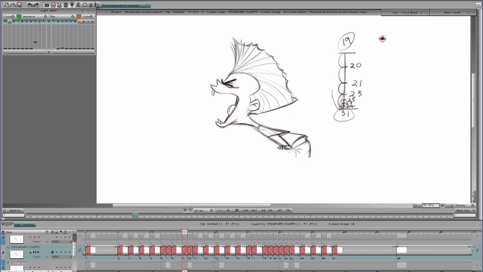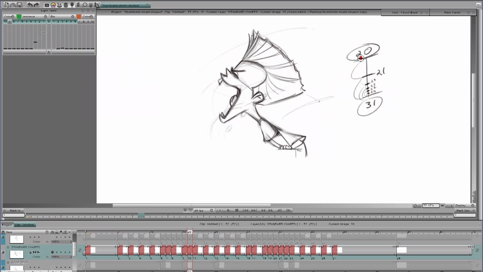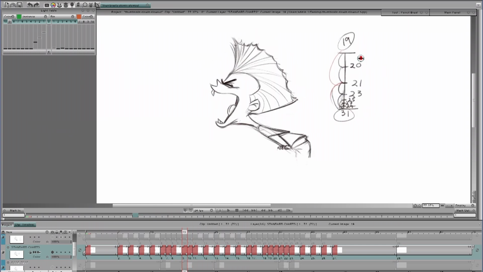So then what I did here, I should have put this in here, from there to there. 21 is directly in the middle, and then 20 is a consistent movement from 19 to 21, and all that means is that is directly in between 19 and 21.